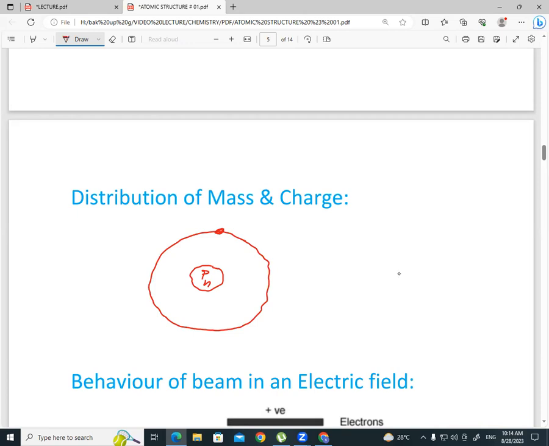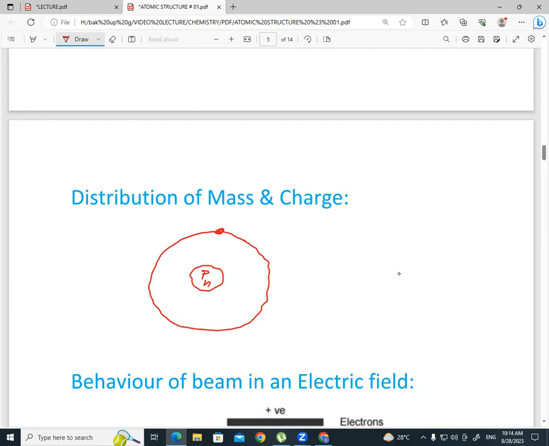We have learned in the first content that most of the atom is empty, and this nucleus is very small, even smaller than the first orbit of an atom.